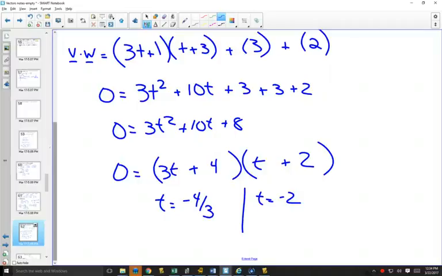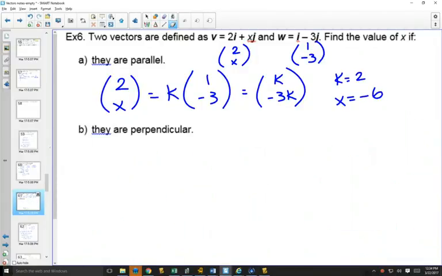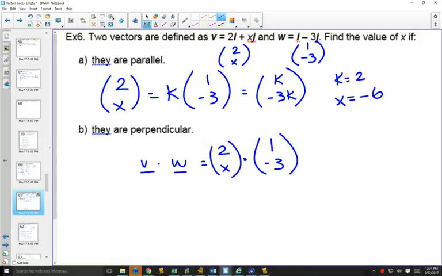With that idea, I want to also go back to the question that we just did and use the other idea for figuring out x. So if you know that they're perpendicular, then the dot product would equal 0. So I'm going to erase what we did because we used slopes and the negative reciprocal the first time. Now, if we use the dot product, then v dot w is 2 over x dot 1 negative 3.